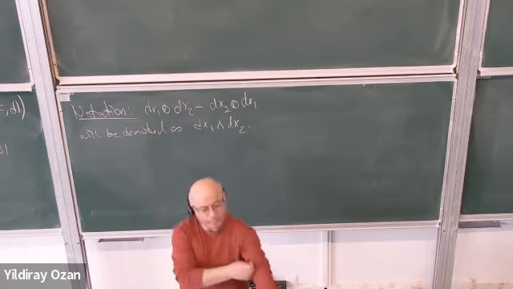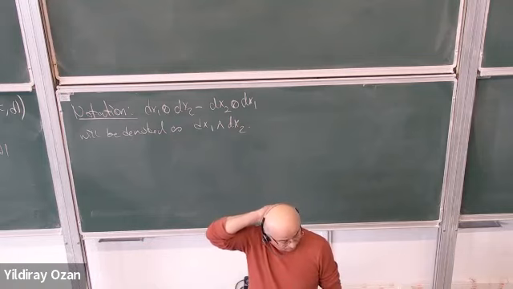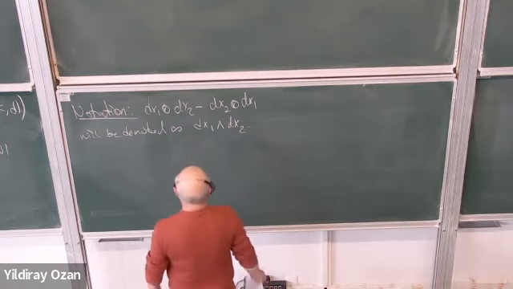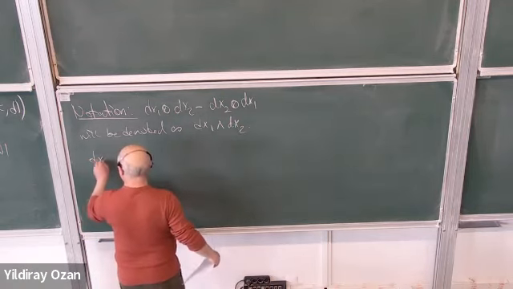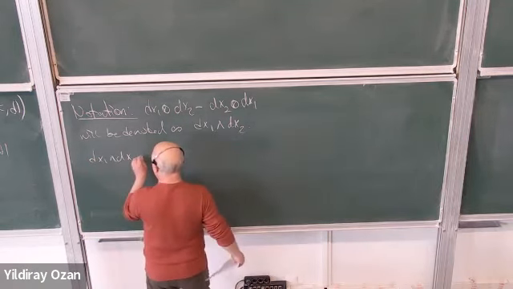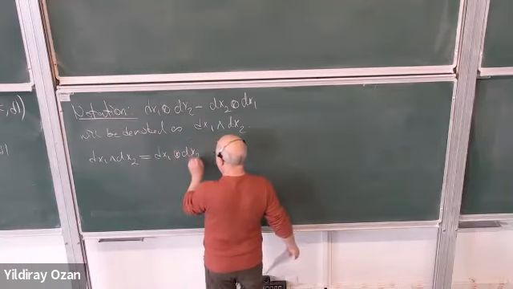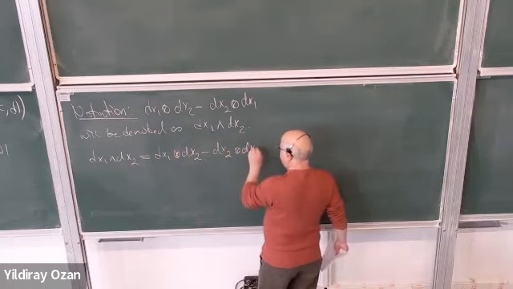Tangent space, yeah. Okay, so dx1 wedge dx2 is just dx1 tensor dx2 minus dx2 tensor dx1.